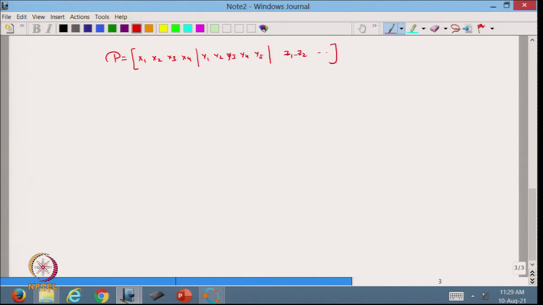So, this is my matrix P, and all the column vectors are linearly independent.